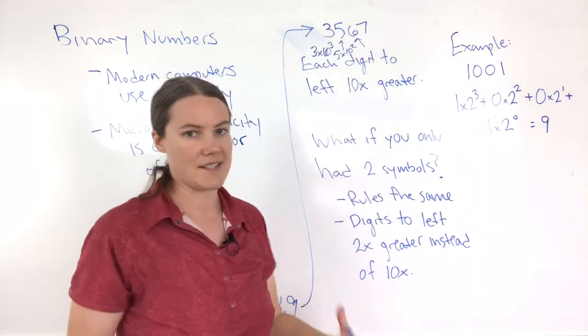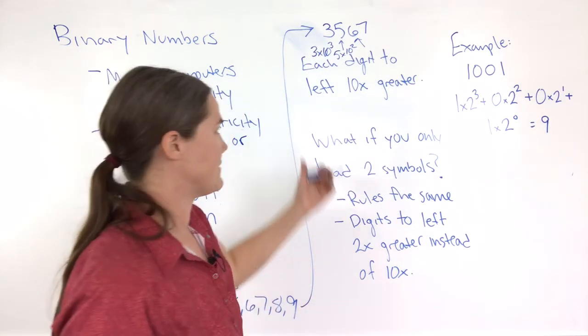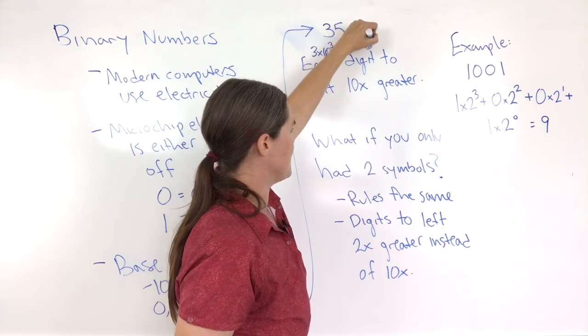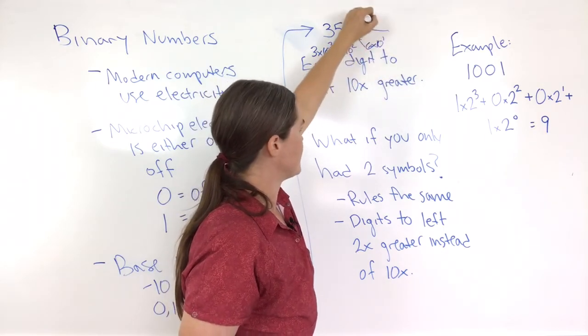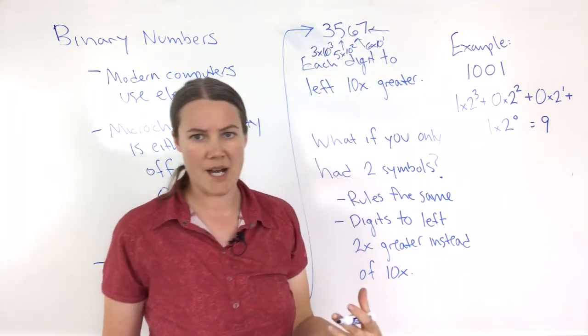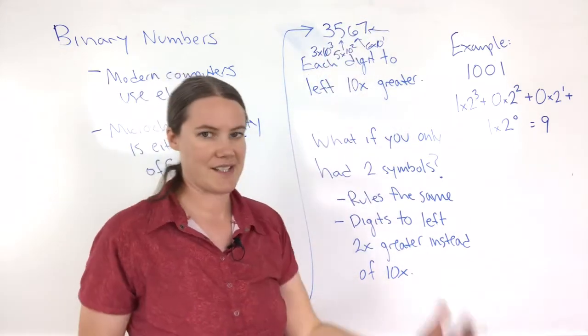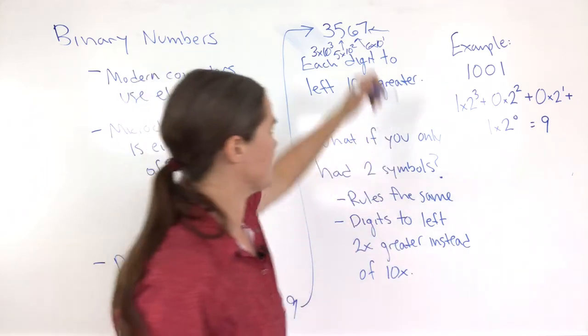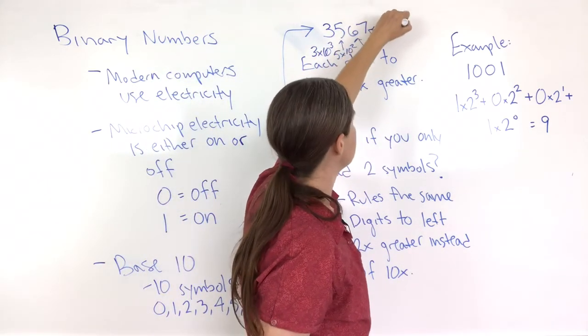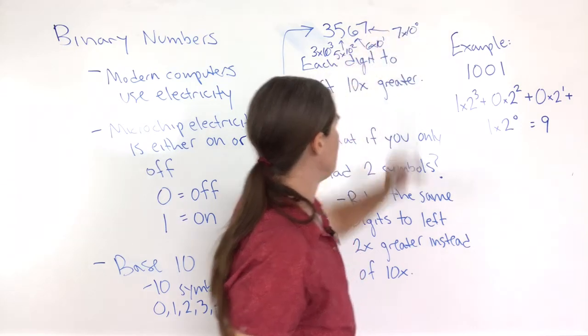The 6 is in the 10 spot, so you have 6 tens, which can be rewritten as 6 times 10 to the 1. And then the 7 is in the 1 spot, so you have 7 ones, or 1 is equal to 10 to the 0, so this can be rewritten as 7 times 10 to the 0.